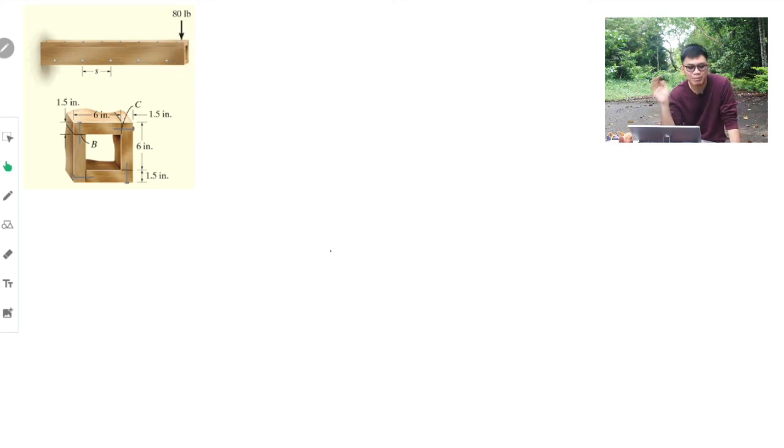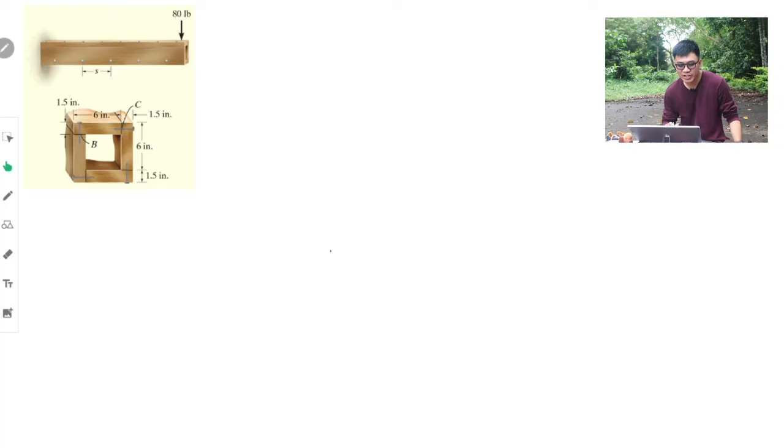Given that each nail can support a shear force of 30 pounds, we have to determine the spacing of the nails at B, and also the spacing at C, on the other side.